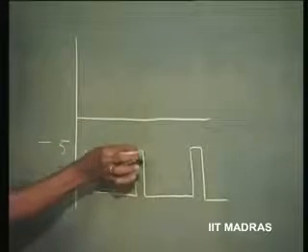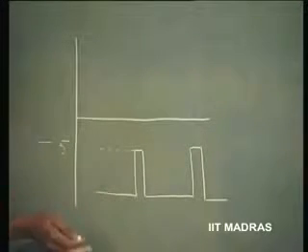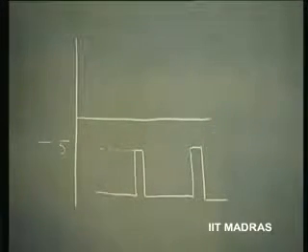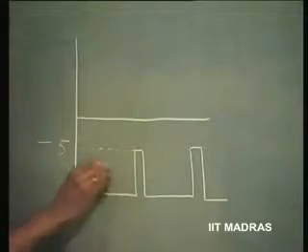I want this to be clamped to minus 5 volts, and it should only go to more negative values than minus 5 volts. This particular value is variable.